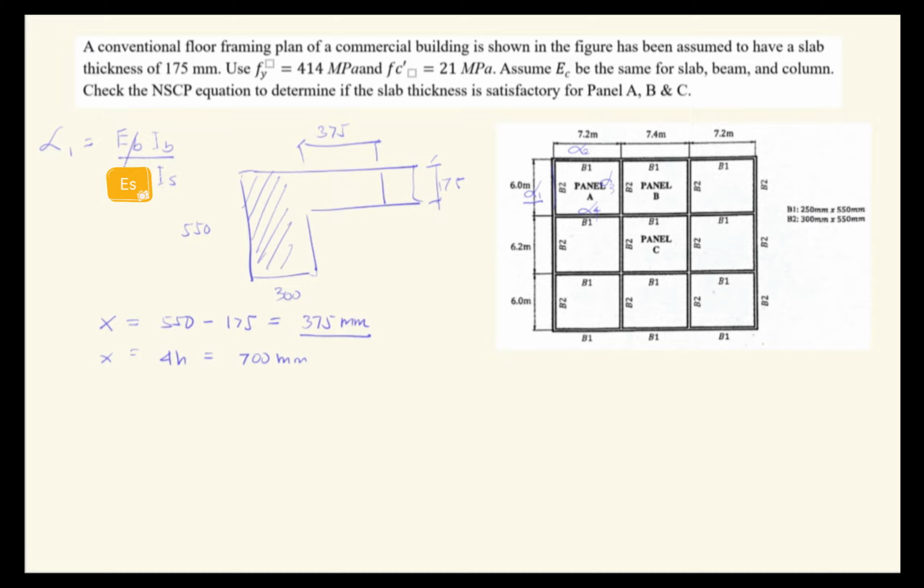Okay, and this part of the cross section is the area on which IB will be based. So take note that IB is the centroidal moment of inertia, meaning to say we have to determine the centroid of this cross section.